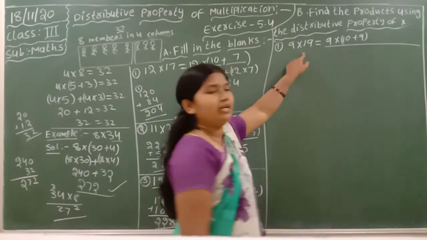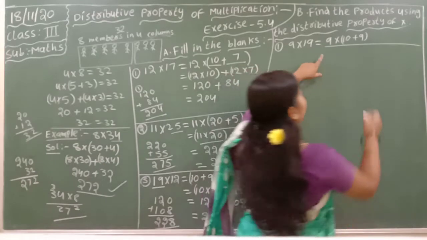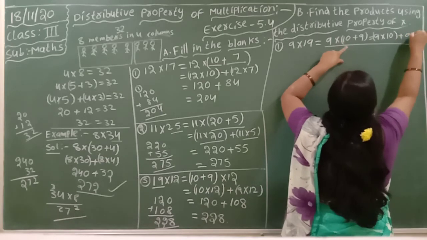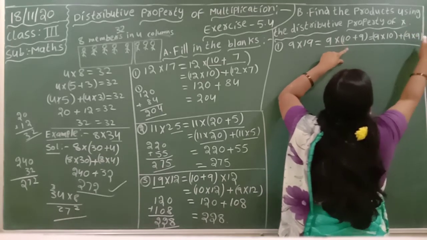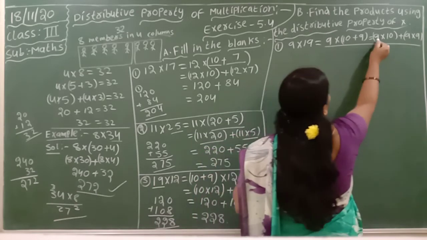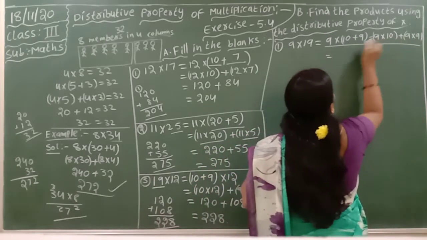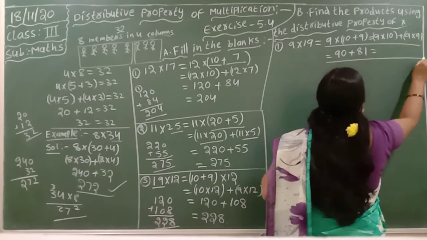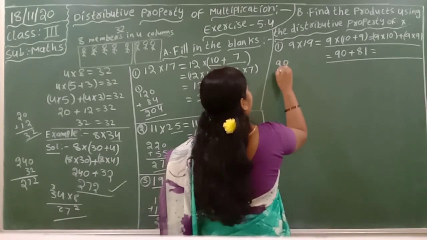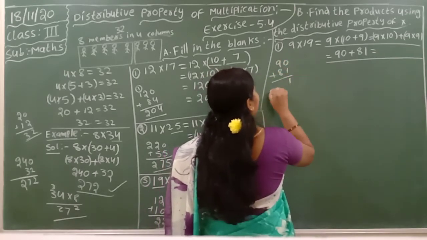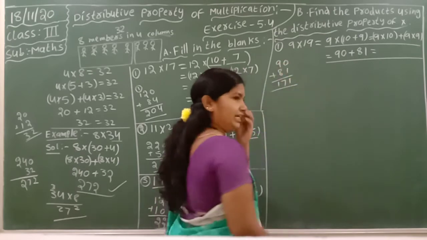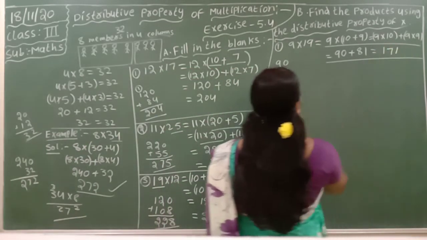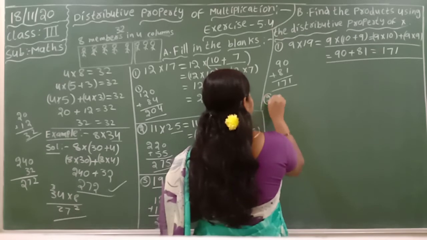Next, what you have to write here is equal to 9 into 10 plus 9 into 9. Here place not there means I am continuing here. Again, is equal to 9 into 10, 9 times, 90, plus 9 nines, 81, is equal to, you have to add these two numbers, 90 and 81. 0 plus 1, 1. 9 plus 8, 17. Yes or no? Yes. The answer is 171.